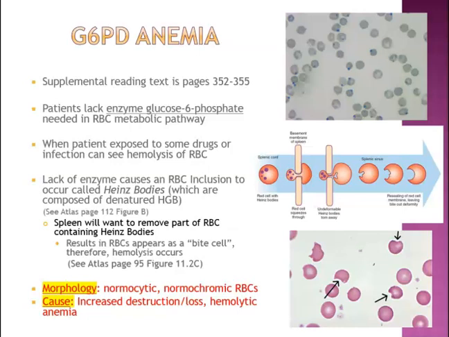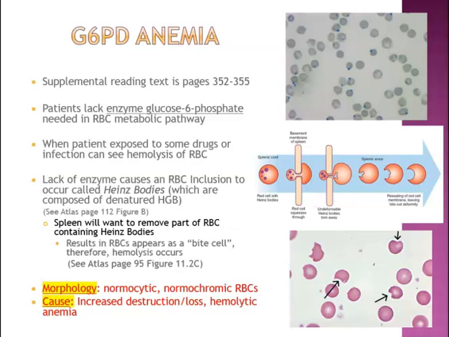This is when a patient lacks the enzyme glucose-6-phosphate dehydrogenase, and it's needed for the red blood cell metabolic pathway. When patients are exposed to some drugs or infection, we can see hemolysis of our red blood cells. The lack of the enzyme causes red blood cell inclusions called Heinz bodies to form.